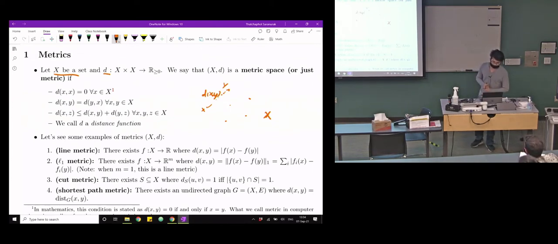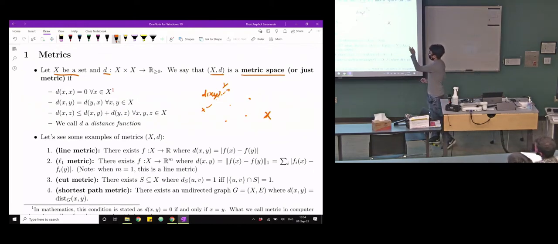X and d is called a metric space, or just a metric, if d satisfies the following constraints.